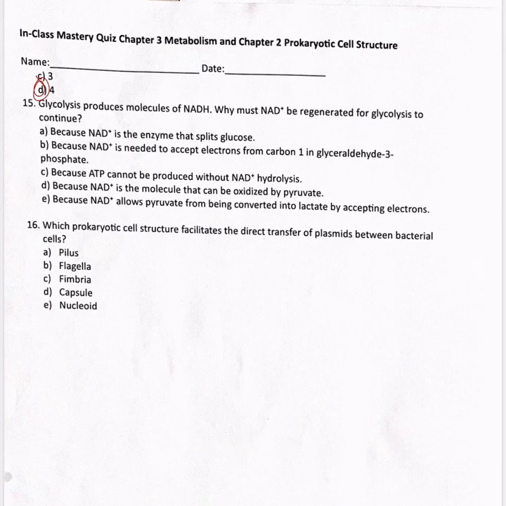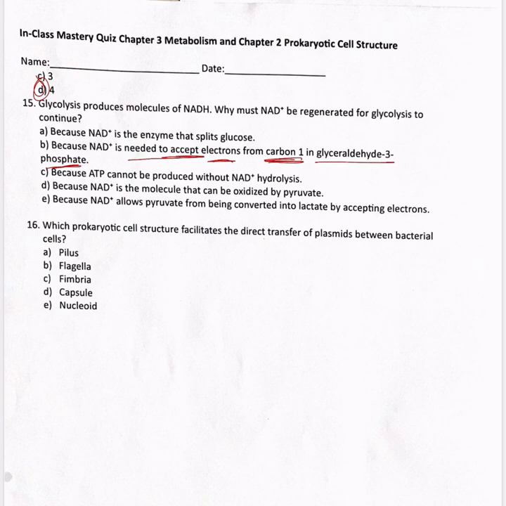Glycolysis produces molecules of NADH. Why must NAD plus be regenerated for glycolysis to continue? We did talk about this last week. It's because it's a coenzyme, so it recharges and uncharges. NAD plus is needed to accept electrons from carbon 1 of glyceraldehyde 3-phosphate. It needs to accept that H with its electron from carbon 1.